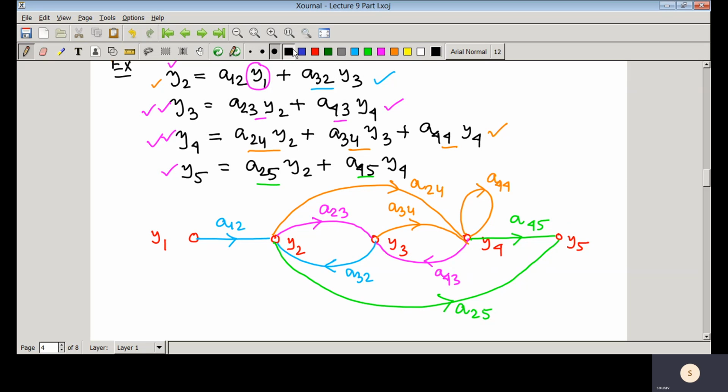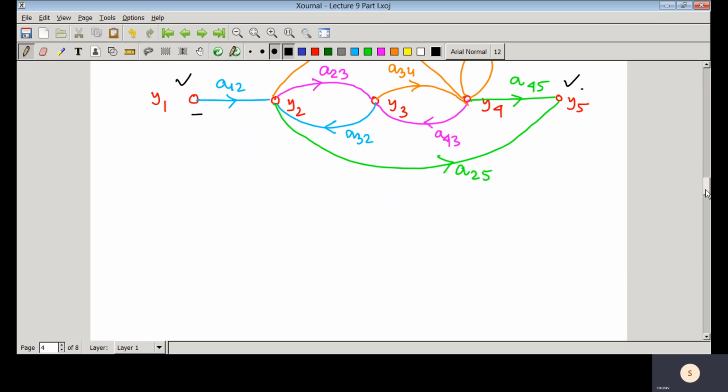And from here you can see how to represent a set of algebraic equations in the form of a signal flow graph. Here this is Y1, this is the input node, and this is the output node. And you can see that signal starts flowing from this particular point to this point. So here we can mention some terminologies. Input node.